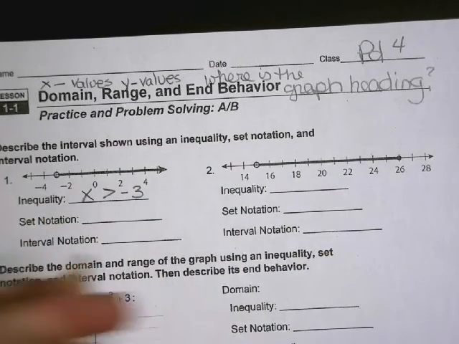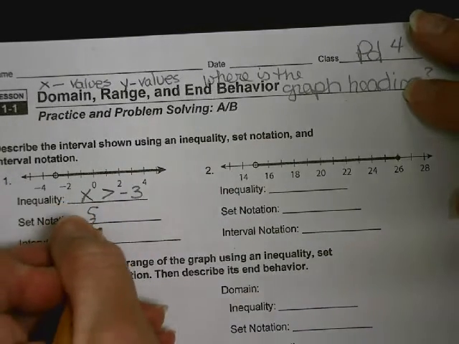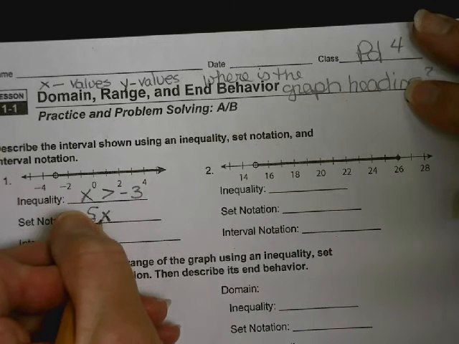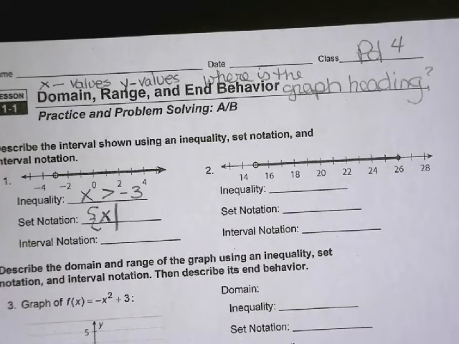Now set notation is just an inequality with fancy pants on. You put a curly bracket, and you're talking about the letter x, and this little long bar means such that in math.